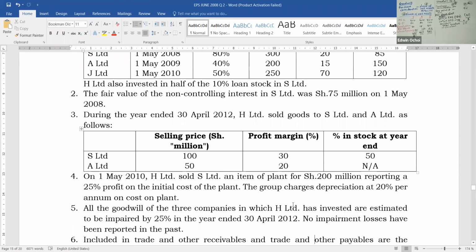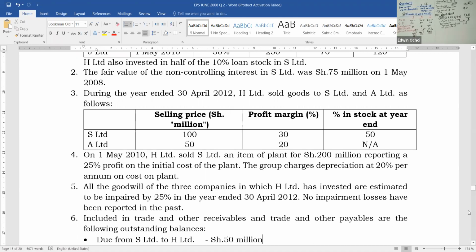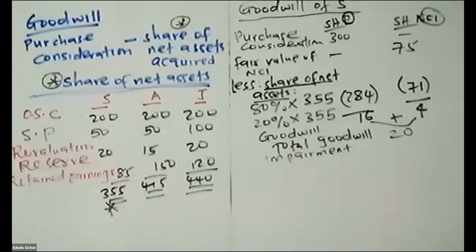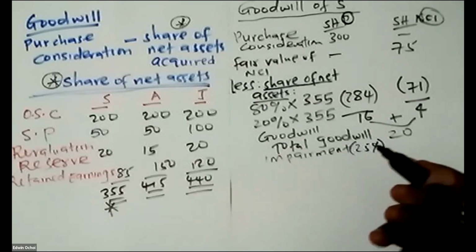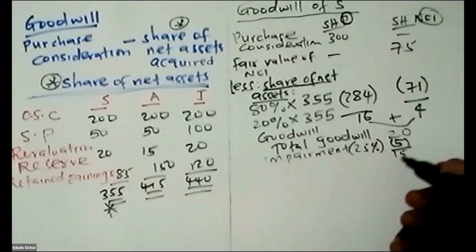They said it in additional information number 5: all goodwill of the three companies in which H has invested is estimated to be impaired by 25%. So 25% of the 20 is 5. So the net goodwill there is 15.